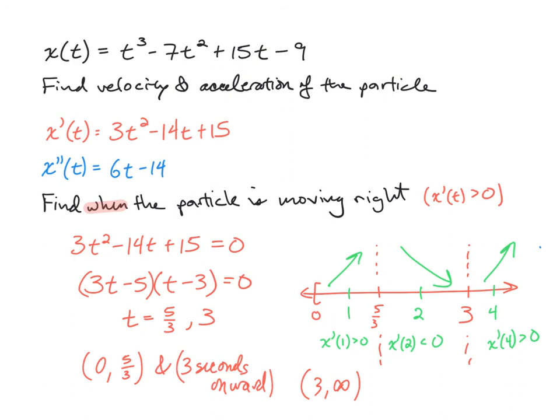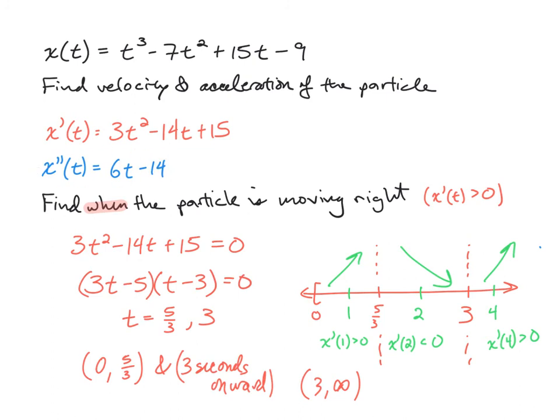The last thing that we can do here is find the velocity of the particle when its acceleration is 0. So I'm going to say it again. We are going to find the velocity when the acceleration is 0.